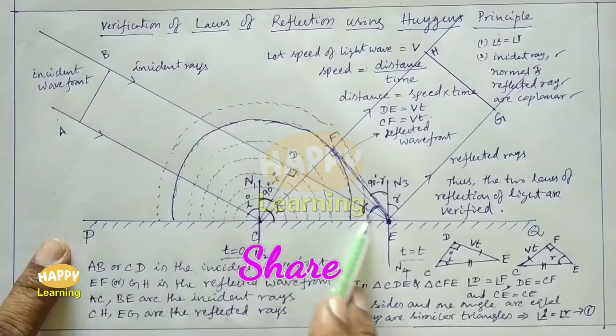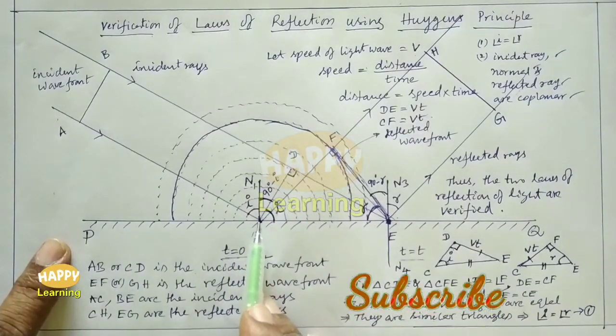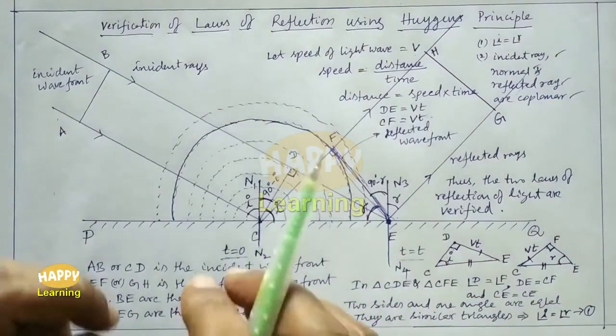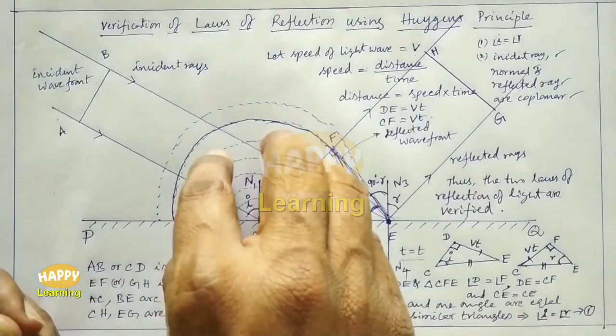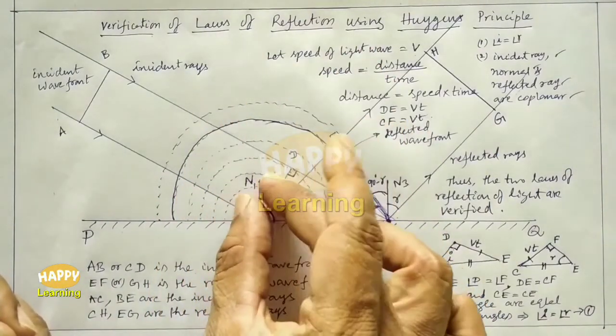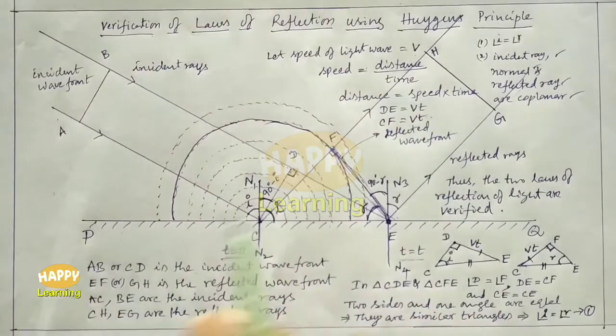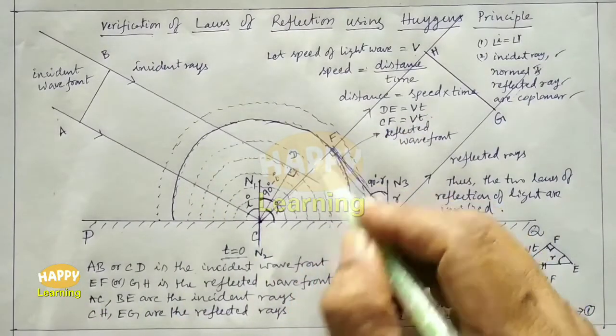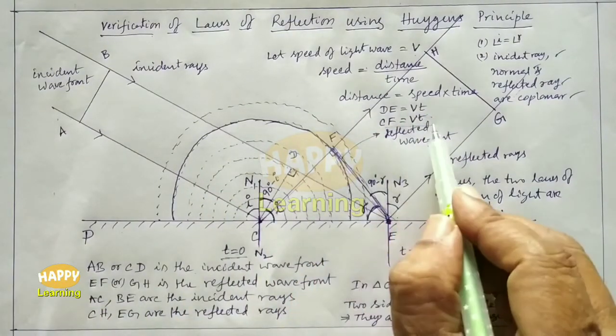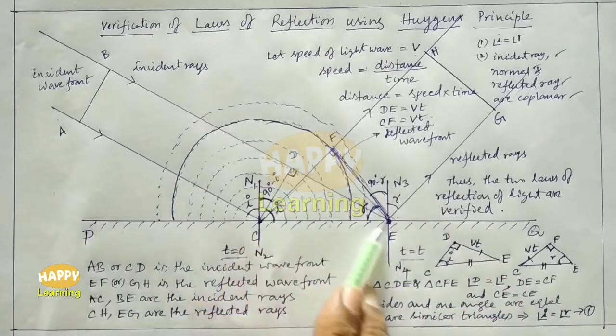So by the time this ray travels from D to E, a secondary wavelet is started from C, and it is spreading like this. It travels a distance CF, which is also equal to vt. For this distance to travel, time taken is t and distance is vt.